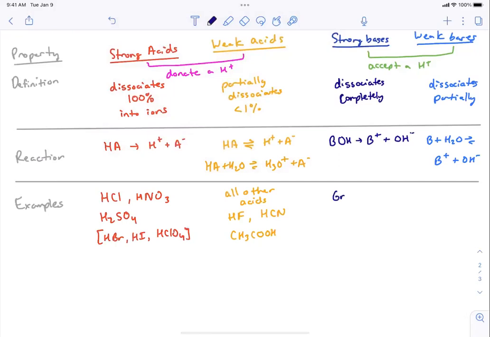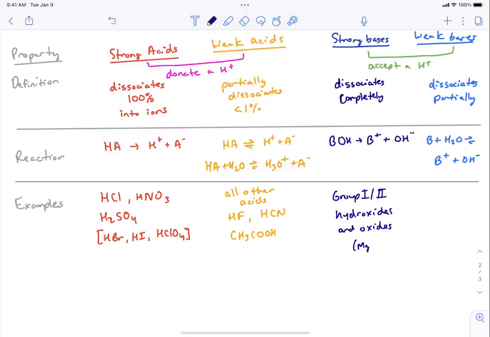Your strong bases are group 1 or 2 hydroxides and oxides. So any group 1 metal or group 2 metal bonded with O or OH is considered a strong base.